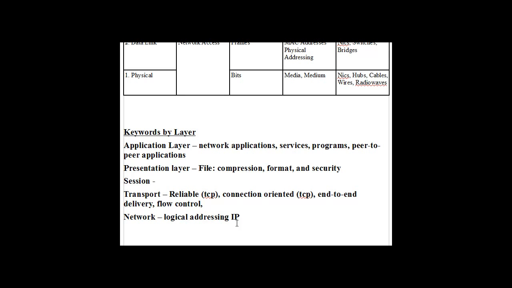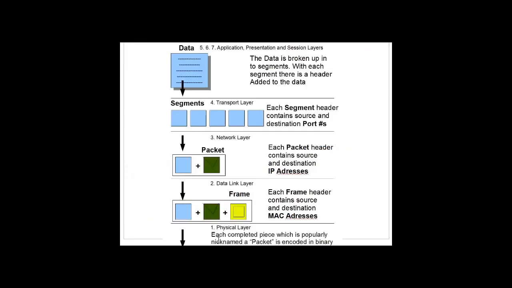Anything to do with IP addresses or logical addresses, you're talking about the network layer. If the words best path appear in the question, you know that you're talking about routers. Path determination, you know you're talking about routers, and you're talking about layer 3, the network layer.